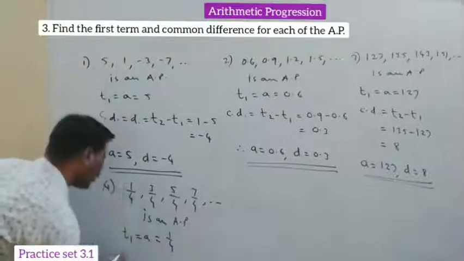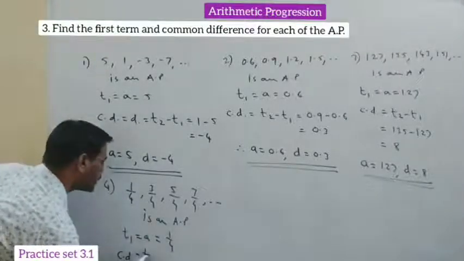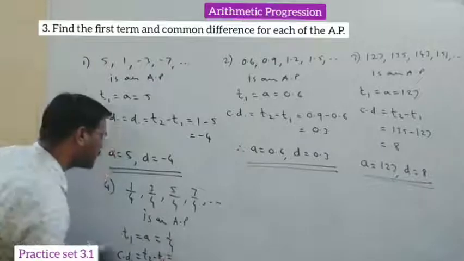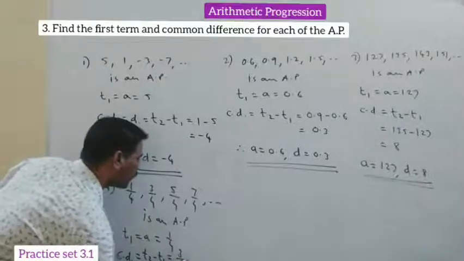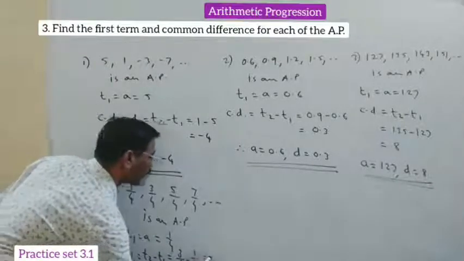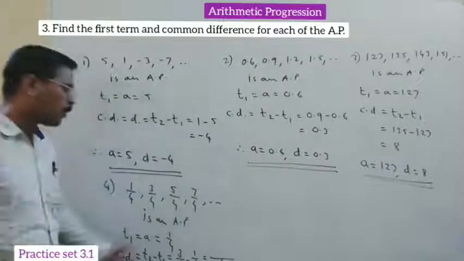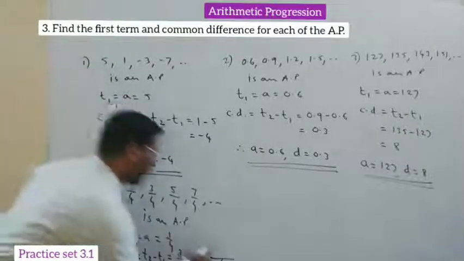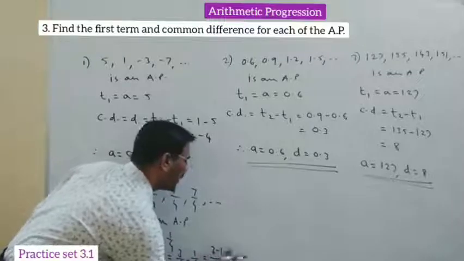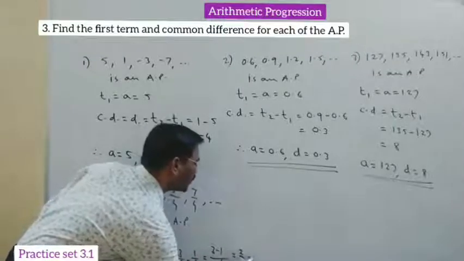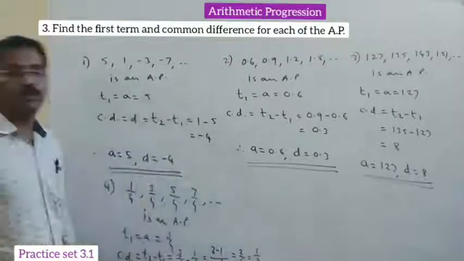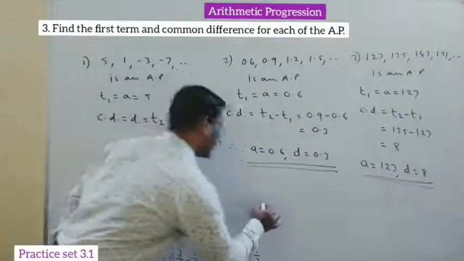Now what about the common difference? That is T2 minus T1. What is T2? 3 upon 4 minus 1 upon 4. The denominator is the same, 4. So 3 minus 1, how much? 2 upon 4. After division this is 1 upon 2. Like this we can get here.